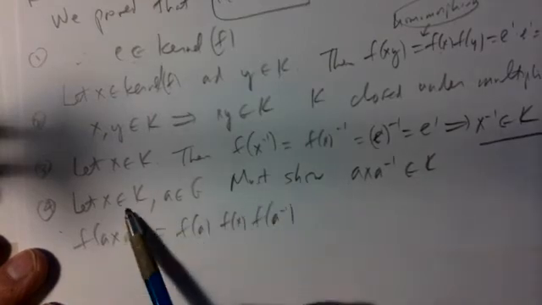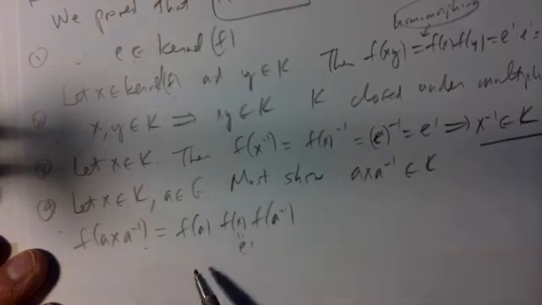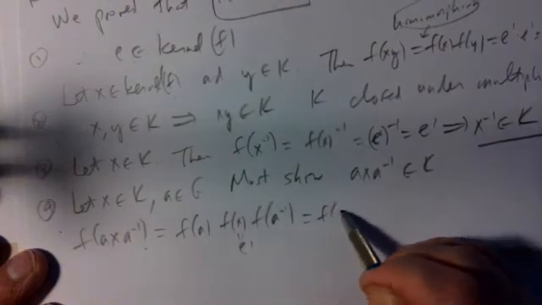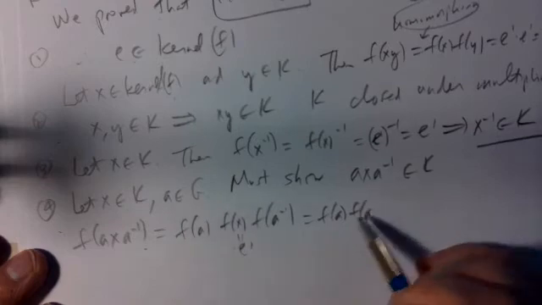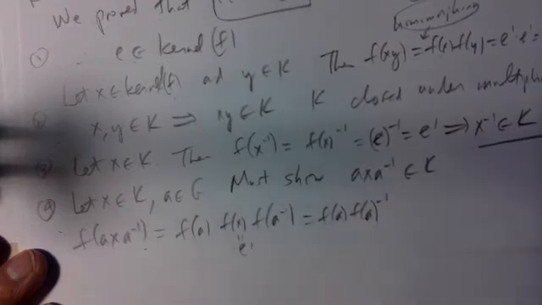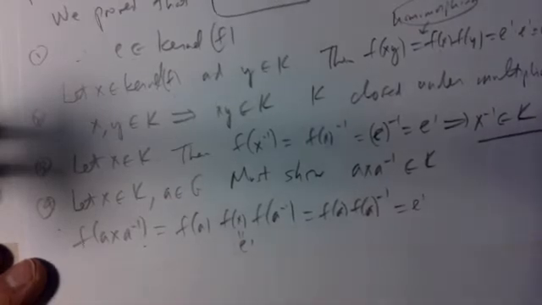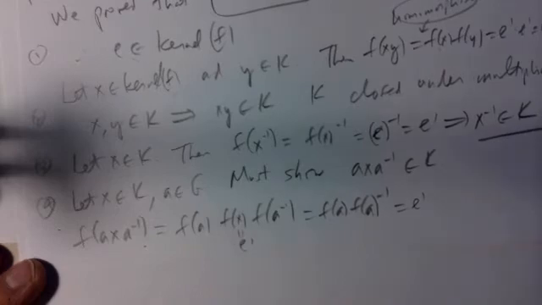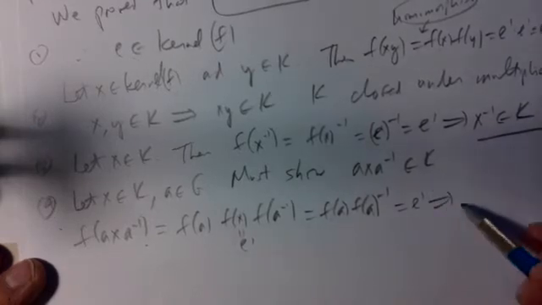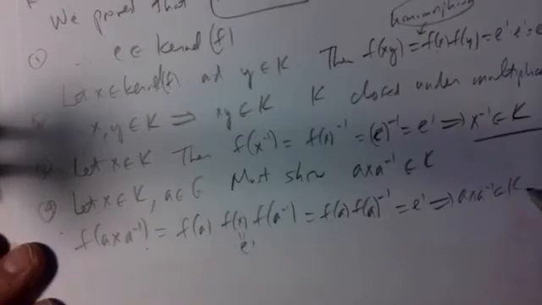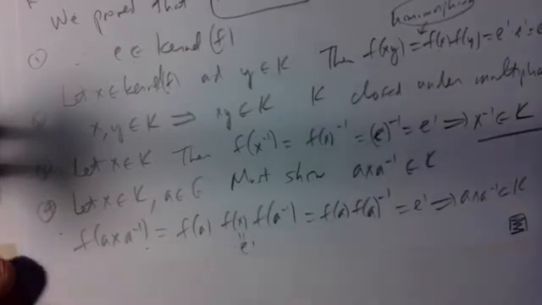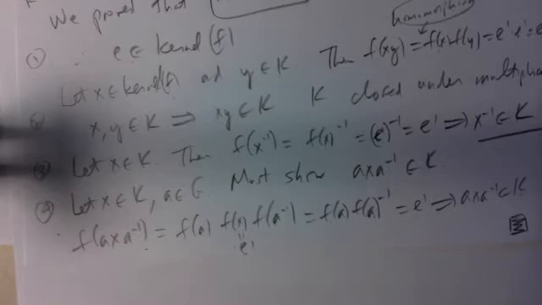But x is in the kernel, so f of x is the identity. So this is just f of a times f of a inverse. And an element times its inverse is the identity. So a x a inverse is in K. And that's the end of the proof. The first three steps show the kernel is a subgroup. And the last step shows that it is a normal subgroup.